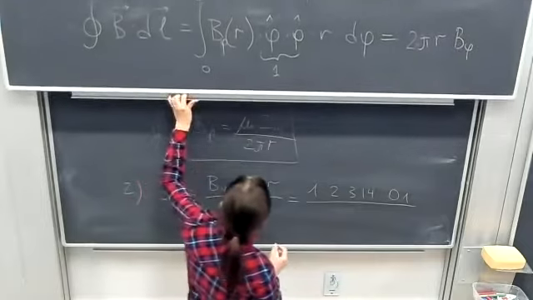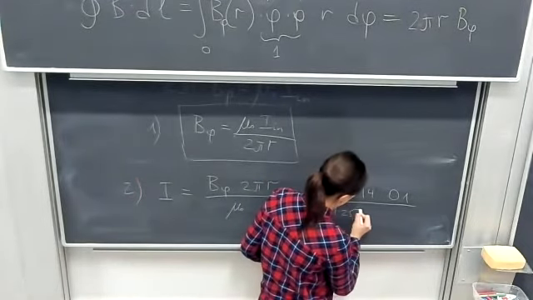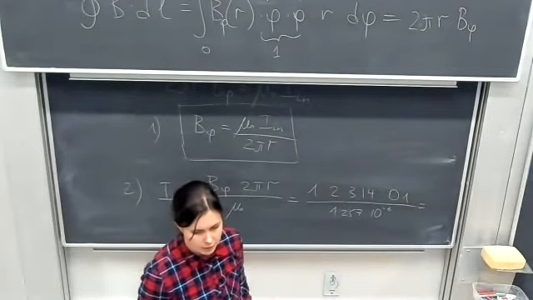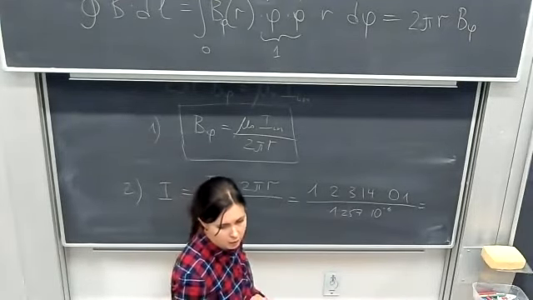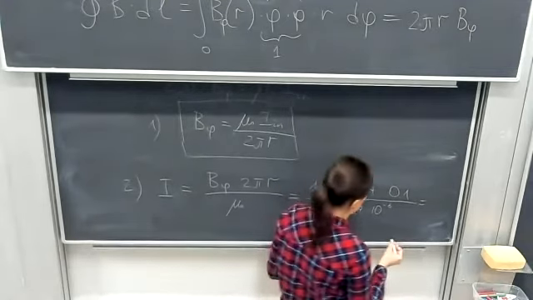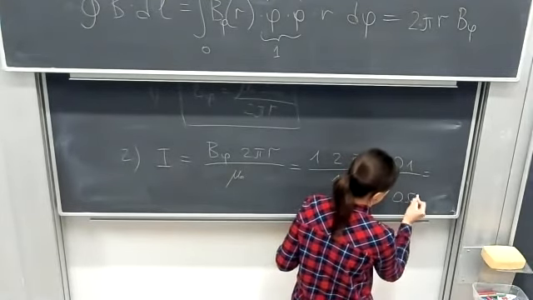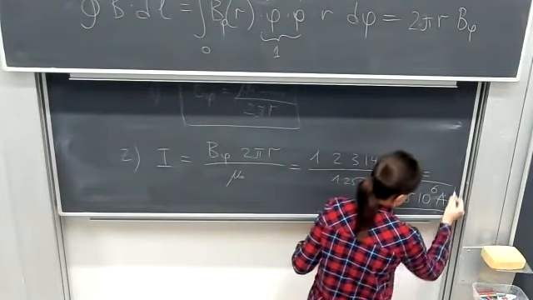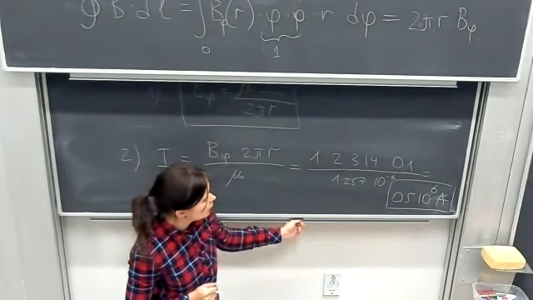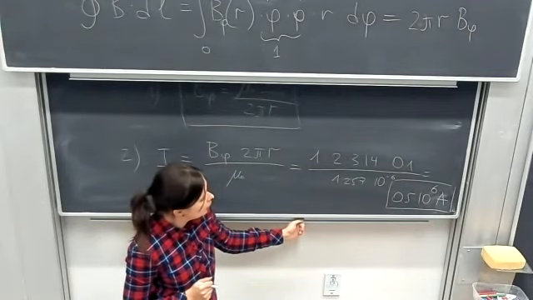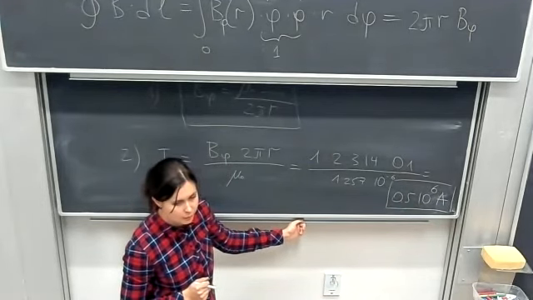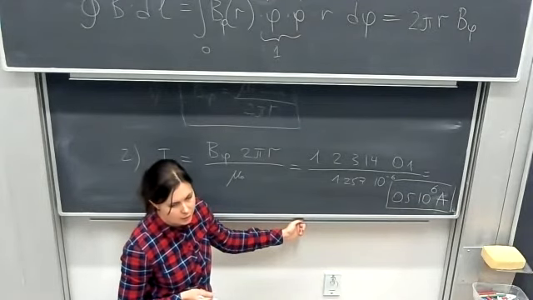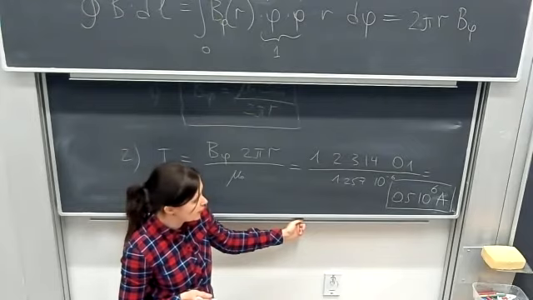The value is given over there. And what do we get? The current is so large that such a current would flow in the conductor, neglecting the resistance of the conductor, to produce an induction of 1 Tesla.